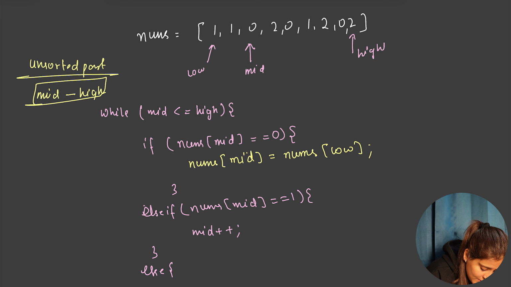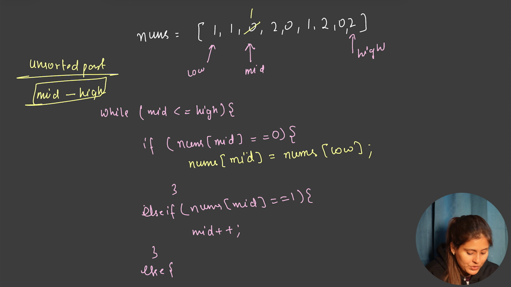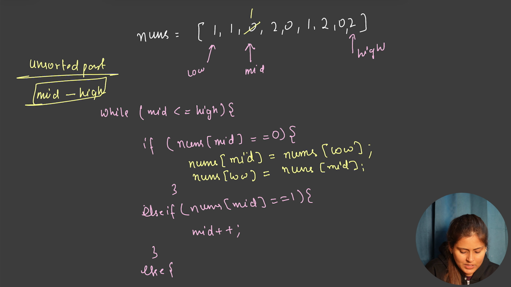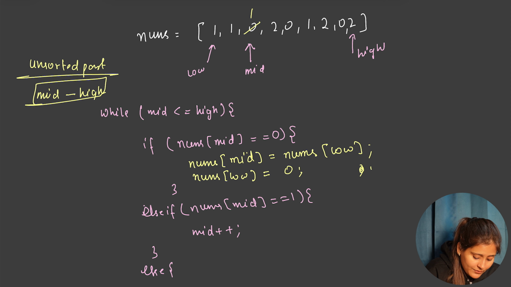And at nums of low we put whatever is at nums of mid, which is nothing but 0, because we just found nums of mid is 0. So we have swapped 0 and 1, correct?